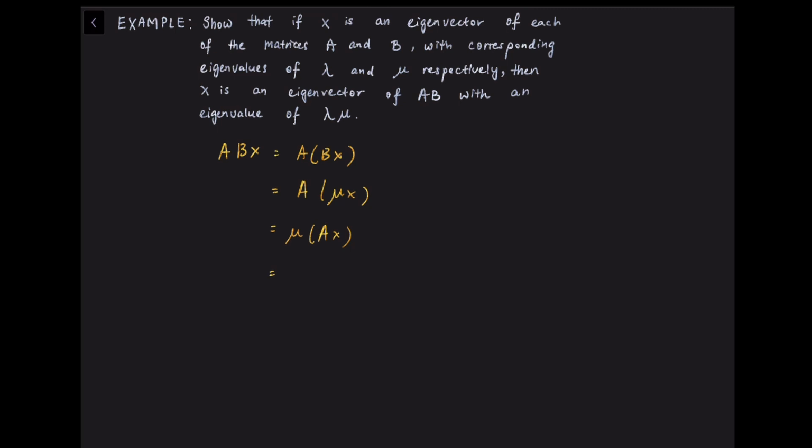And so we take the mu out, so we have mu Ax, and we know that Ax is lambda x, since x is an eigenvector of A with corresponding eigenvalue lambda, which equals lambda times mu times x. Hence, x is an eigenvector of AB with an eigenvalue of lambda mu.